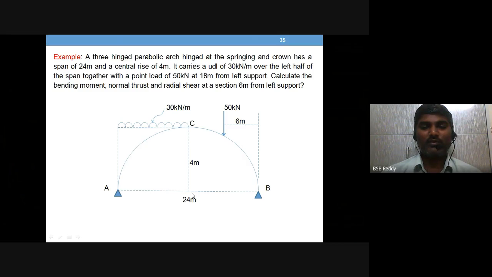From left support at 18 meters, you have a point load 50 kilonewtons, which means from right it is 6 meters.